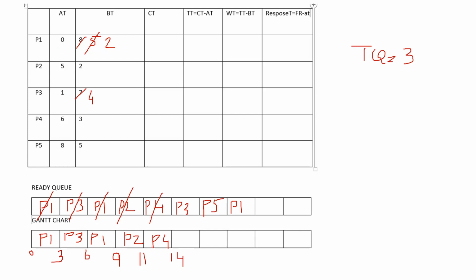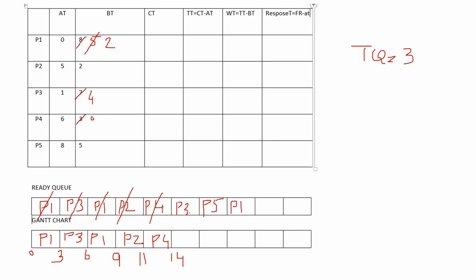Earlier I checked the arrival time because I wanted to know if anyone was waiting in the ready queue, then I have to keep it here. Now according to FCFS, you just check it. P4 is 14. 3 minus 3 is 0. So no need of writing P4 again, I can remove P4 from this.